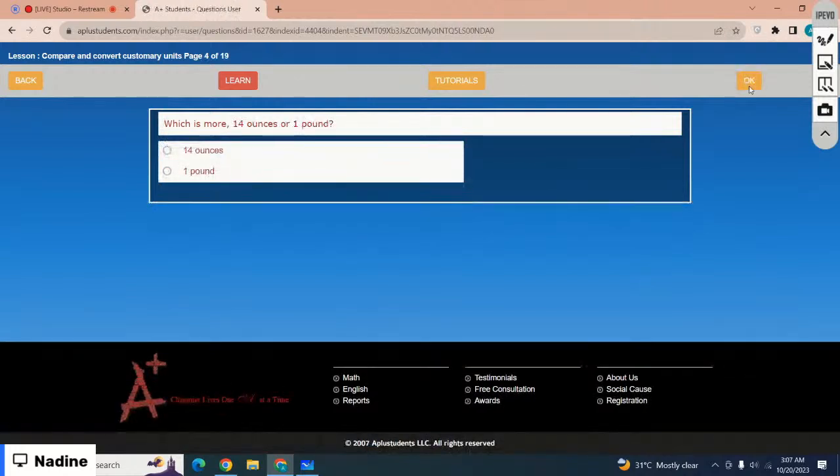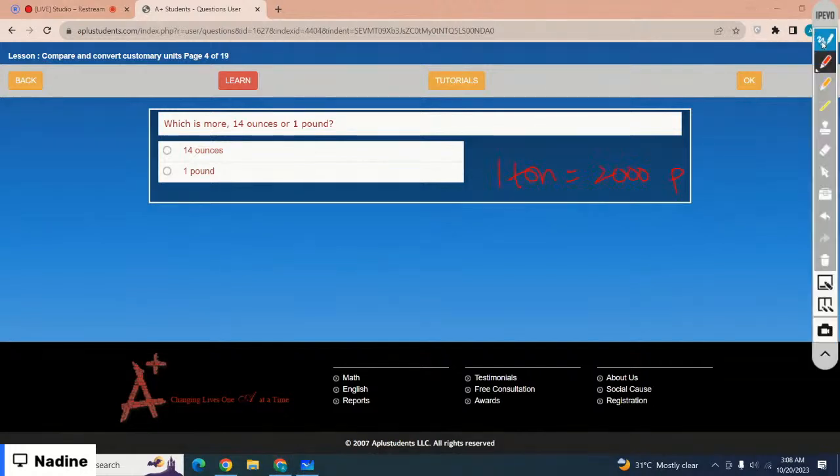Okay, which is more, 14 ounces or 1 pound? How many ounces do we have in 1 pound? 1 pound equals 12 ounces, or 16? 1 pound equals 16 ounces, I think.